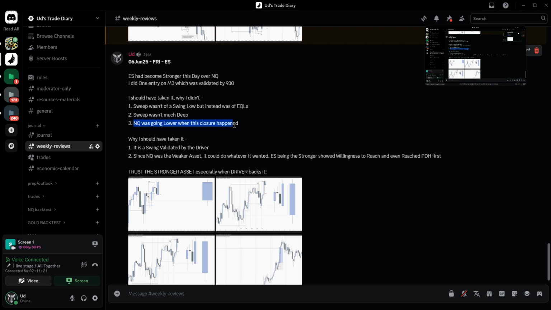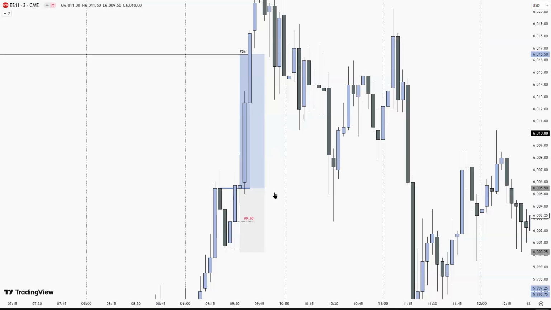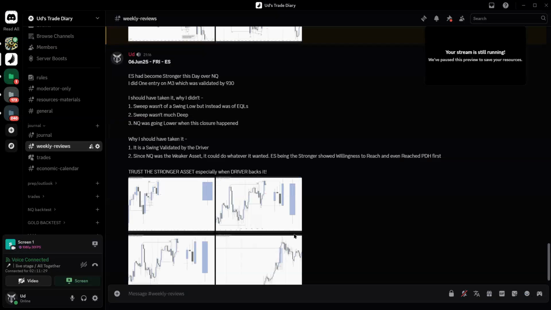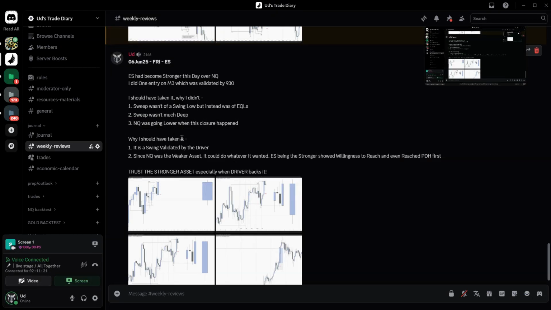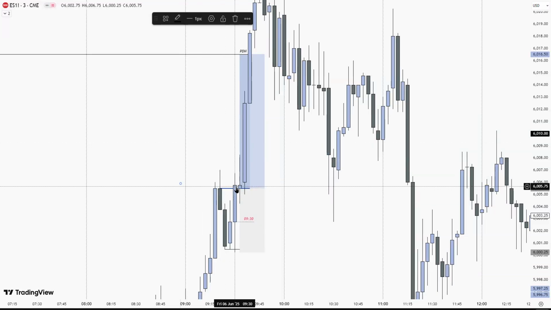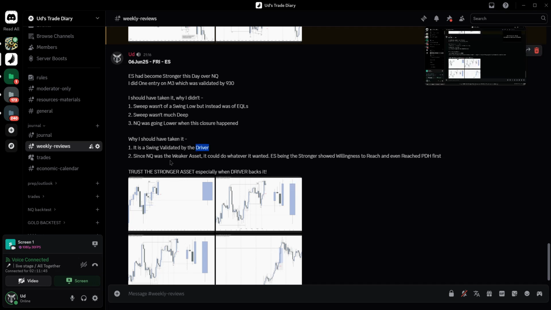NQ was going lower when this closure happened, meaning NQ kept doing this. Why should I have taken it? Because this is a swing validated by the driver. Most important point. Driver validates it, meaning driver 9:30 gives this closure. This is 9:30. 9:30 gives this closure.